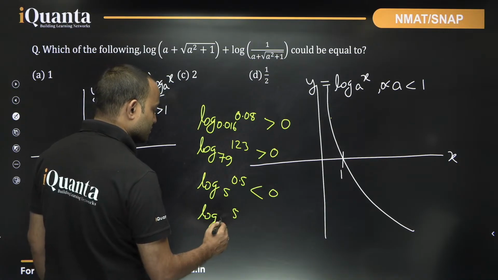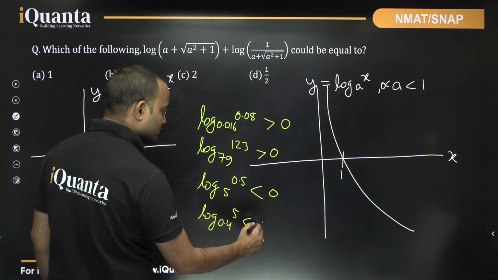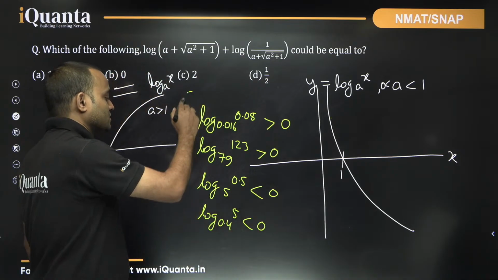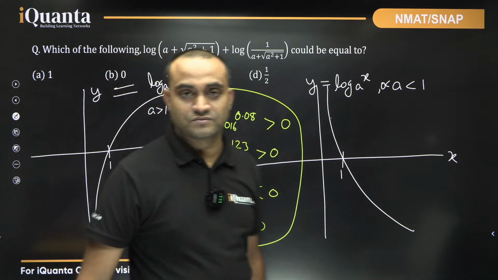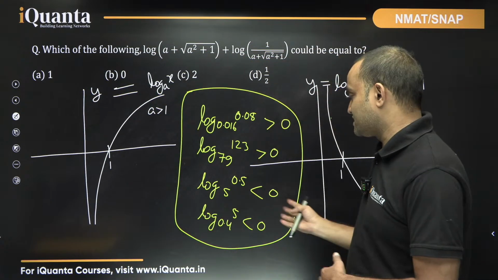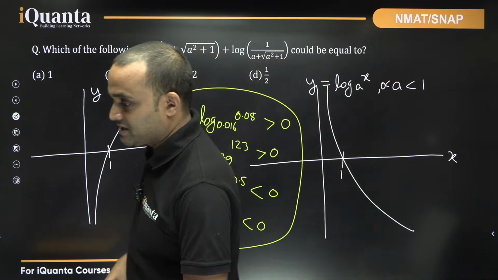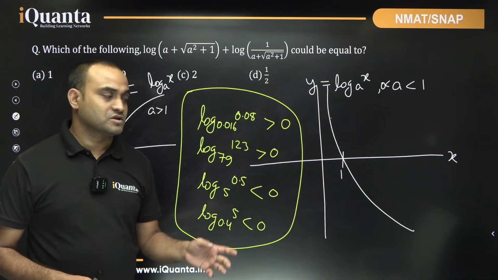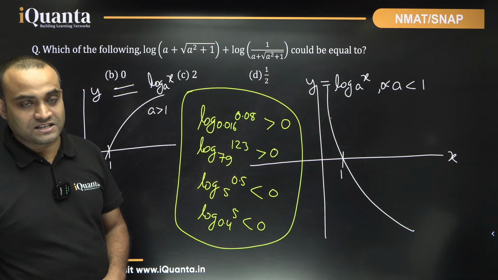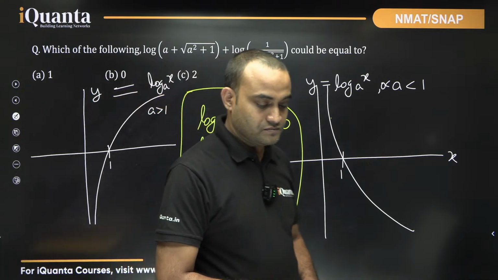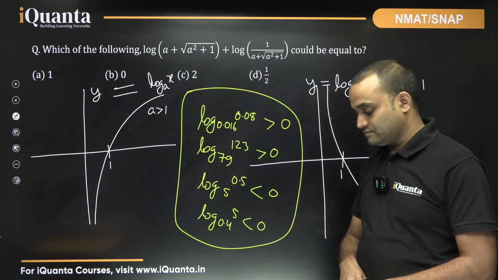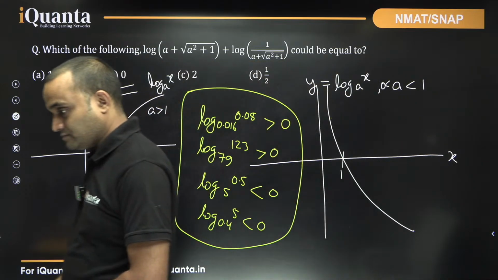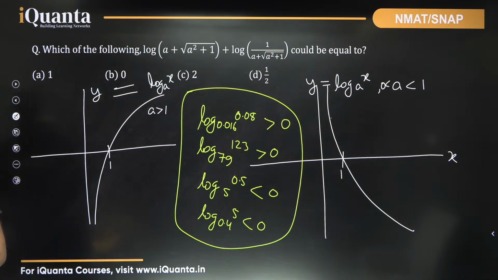Log 5 to the base 0.4 will also be less than 0. Just understand this and you won't have any problem with the sign of logarithm, whether it's positive or negative. And then it's easy to find out when it will be greater than 1, and when it will be less than 1. Understood? Clear?